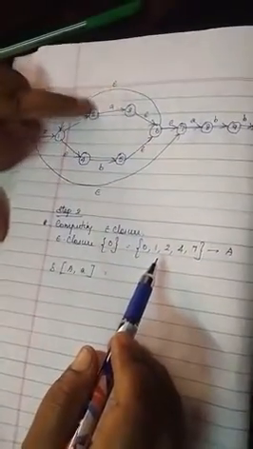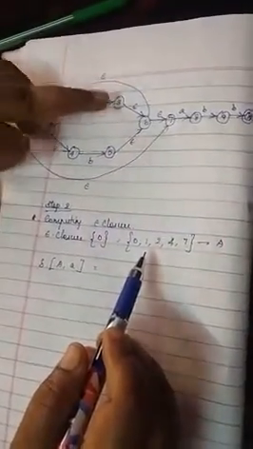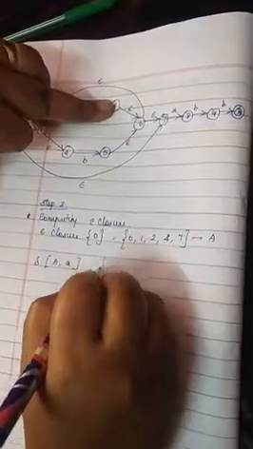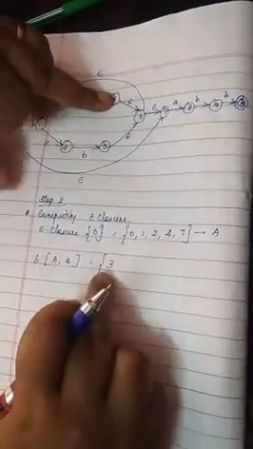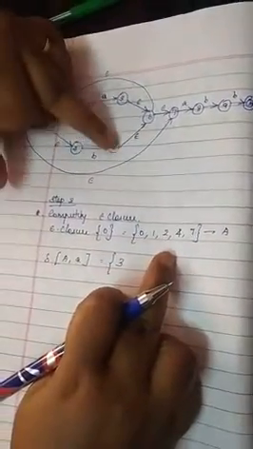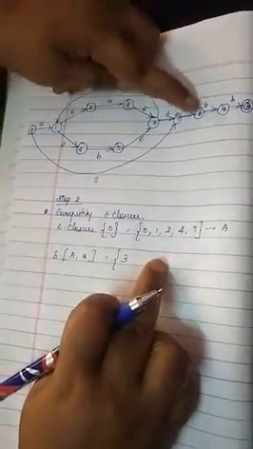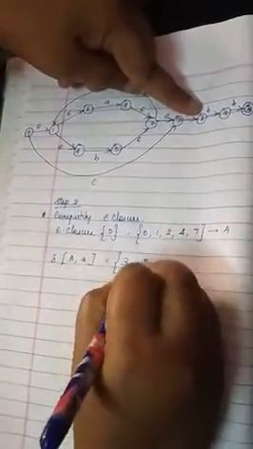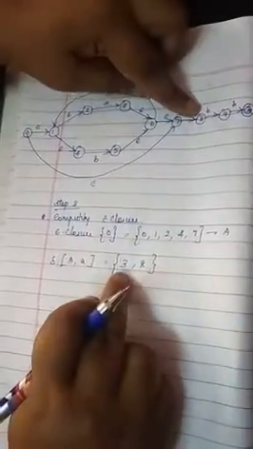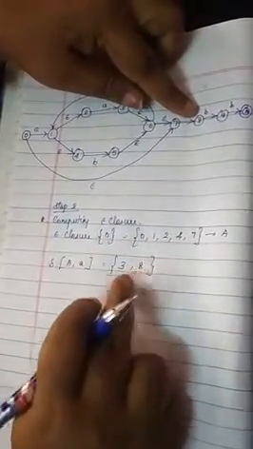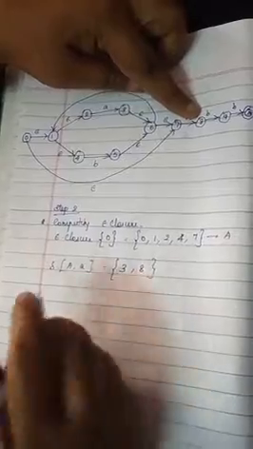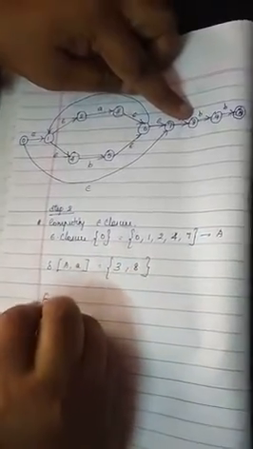For 2, we have input symbol a, and 2 transits to 3, so we write 3 here. For 4, we don't have it. And in 7 we have input symbol a, which transits to state 8. Here you write only the output states, so 3 and 8.